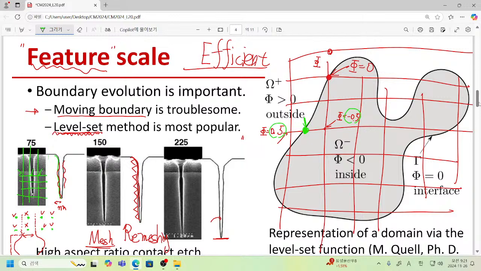So if we have just a regular mesh, a uniform rectangular mesh, in order to describe this shape we would also have to introduce a certain line corresponding to this intersection point. Otherwise, we will just lose the resolution.